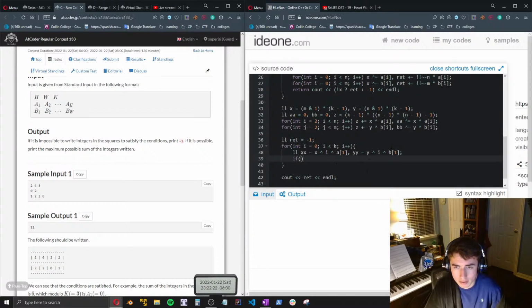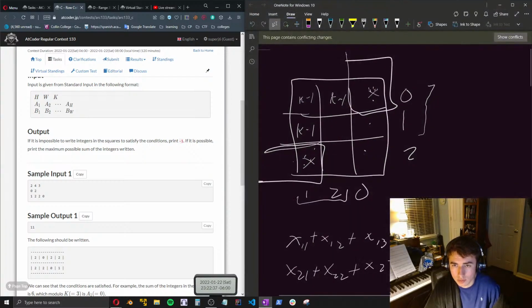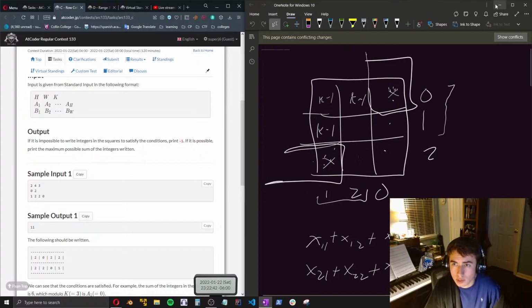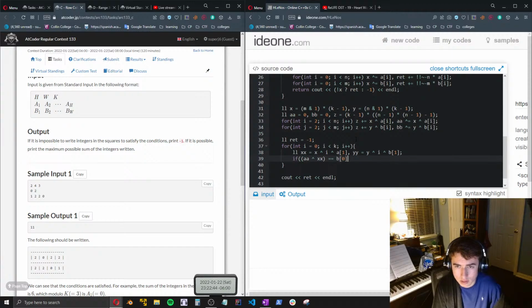Now if AA XOR XX is equal to B of 0 and BB XOR YY is A of 0, we do max of ret.